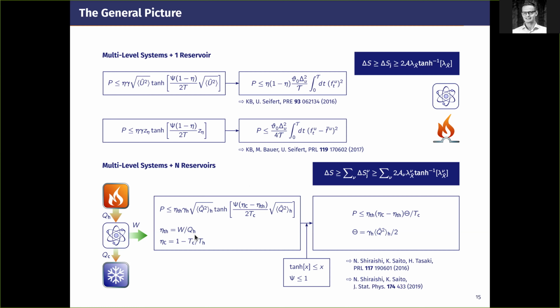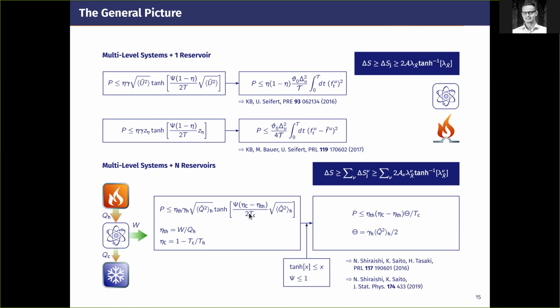So eta thermal is now the standard thermodynamic efficiency, which is really work over heat uptake from the hot reservoir. Eta C is the Carnot factor. And you see, if you reach Carnot efficiency, this object is obviously zero. And the slope at which you're approaching P equal to zero as eta goes to eta C is determined by the second quantum jump moment of the heat provided by the hot reservoir.